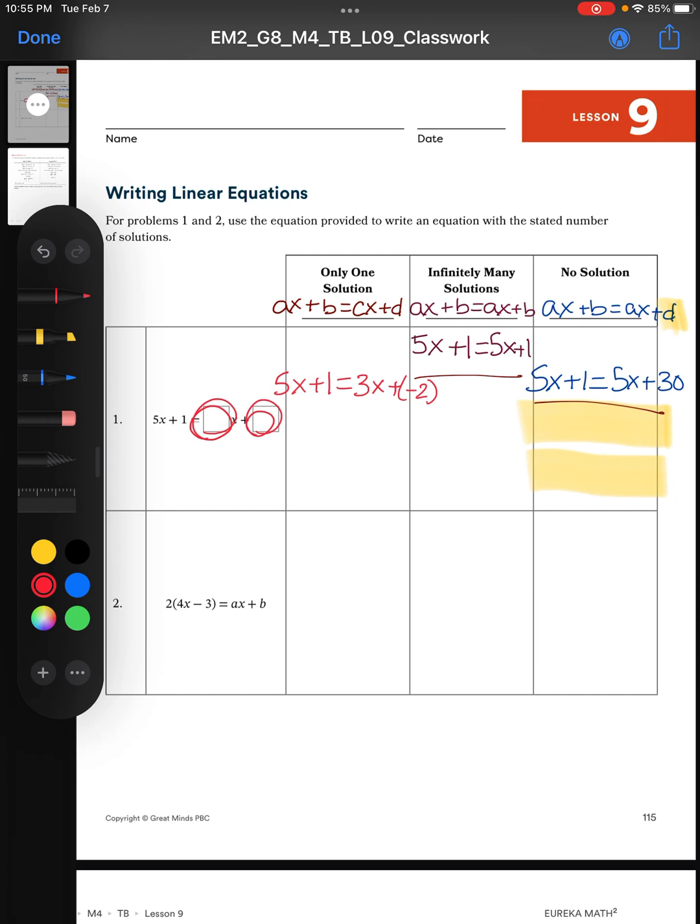This might not be a pretty solution, but I'm going to go ahead and solve this, and I'm going to get only one solution. So I want you to now write your own example for one of these equations, so that you have only one solution. So finish filling out this table, write a couple of equations.